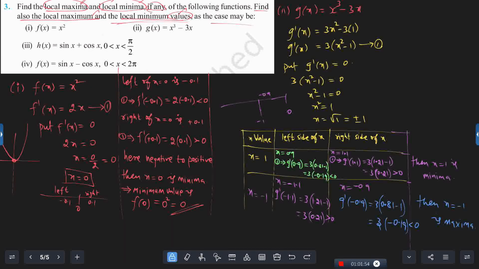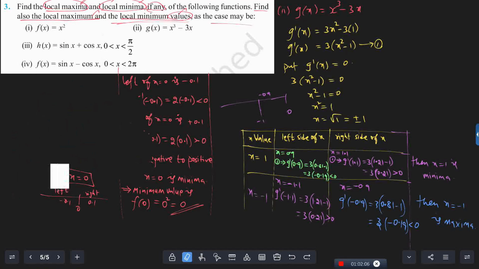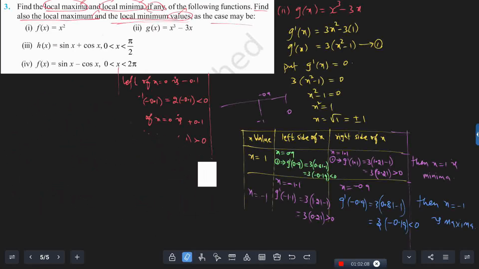Now we got which is maxima and which is minima. Now we have to find the maximum value and the minimum value. After completing the table, you should find the value.